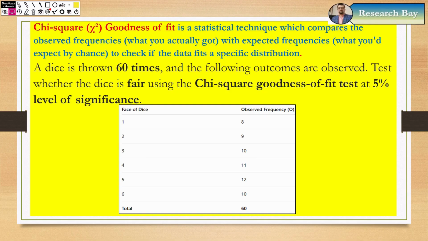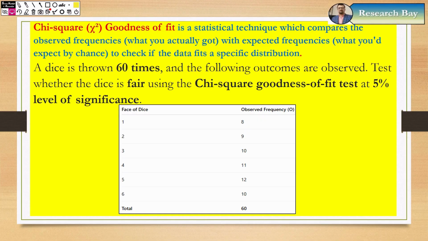Similarly, if you have a coin, you have heads and tails on a coin. So the probability of getting heads is 1 by 2, that is 0.5, because there are two sides. Similarly, for a dice, the probability of getting any of these numbers is 1 by 6. You multiply it with the number of times the dice is thrown to get the expected frequency.